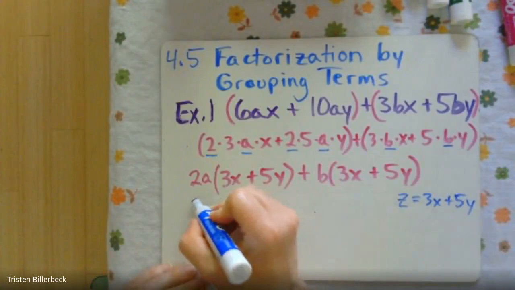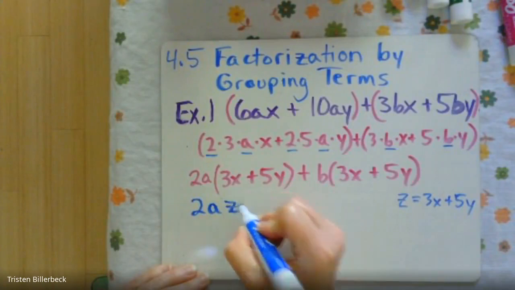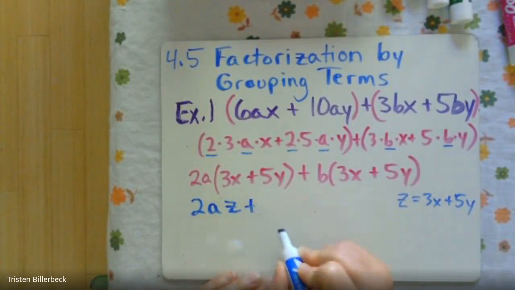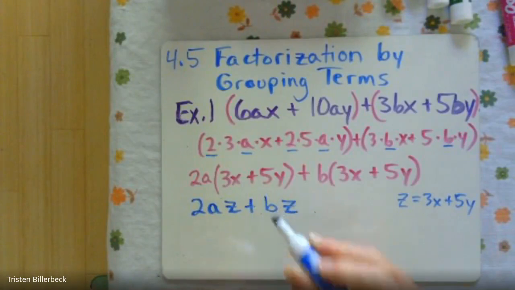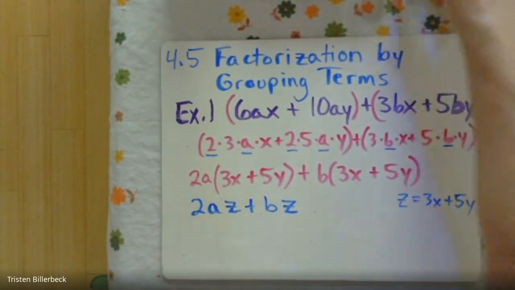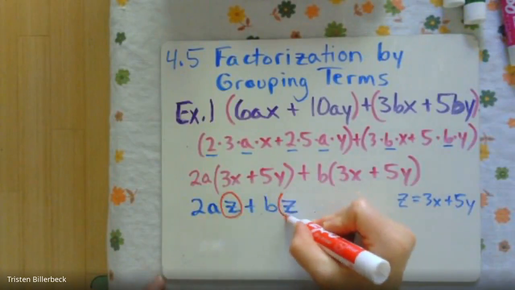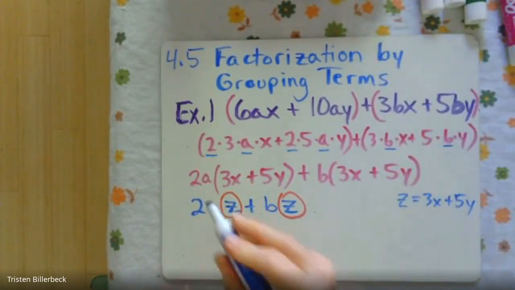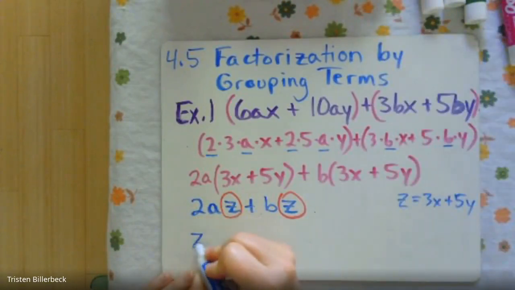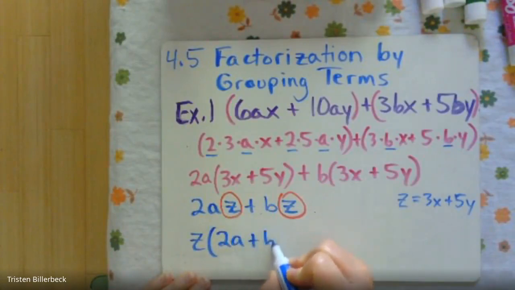Let's rewrite this. So now we have 2az plus bz. Oh, look, we have something in common. They have z in common, so we can take z out. So we have z times 2a plus b. Wait a second.